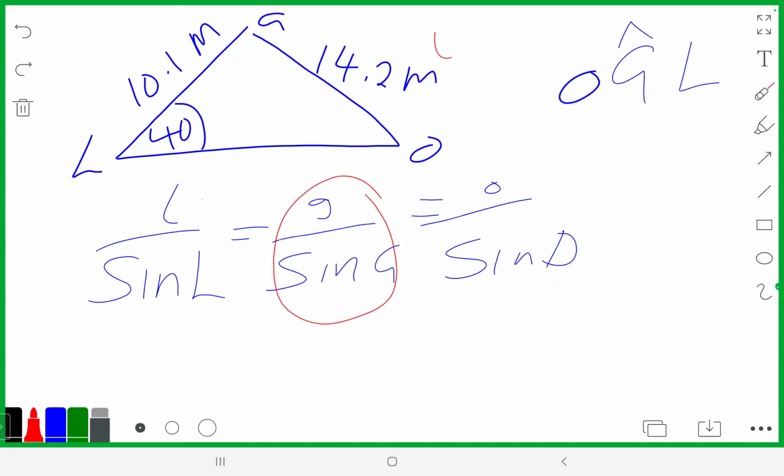Let's go on. Do we have side O? Yes. We have side O. Do we have angle O? No. We do not have angle O. Interesting. So, is the angle O and side O important to us?